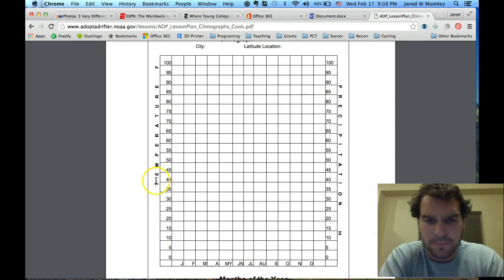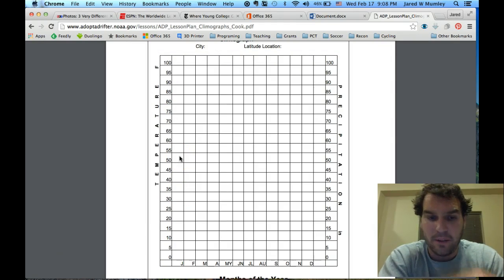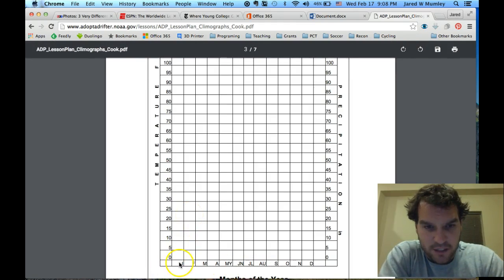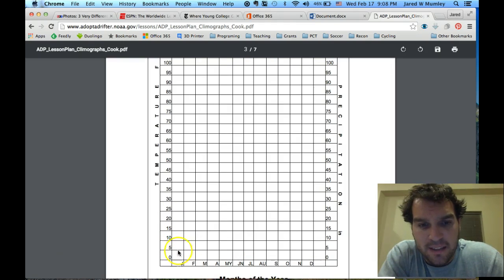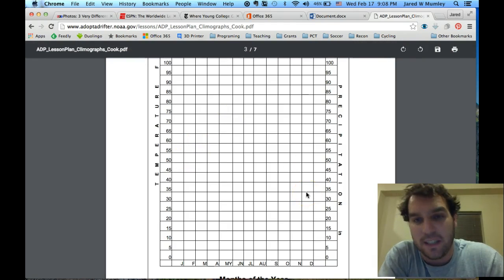So for temperature, you use the left-hand y-axis to plot points for each month of the year. On the bottom you can see the months of the year: January, February, March, April, May, and so on. The way I chose to plot the points is in the middle of the box. So for January, I plotted it in the middle, not on one side or the other. Remember, line graph is for temperature. You plot points, and when you're done plotting all the points, you connect the dots.